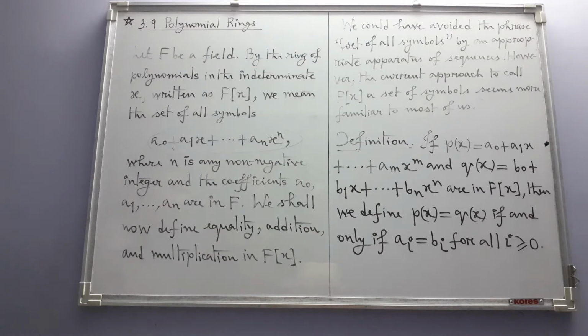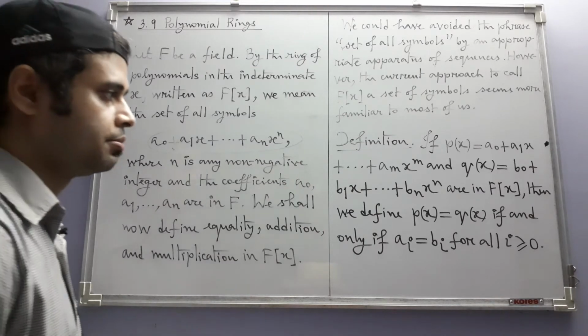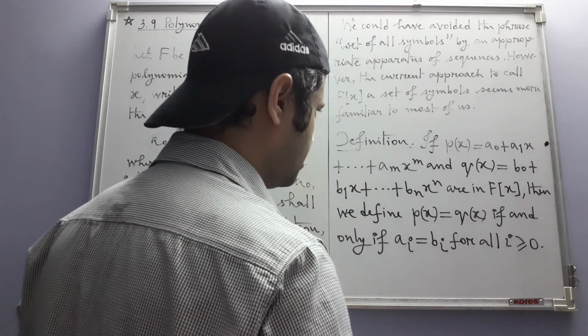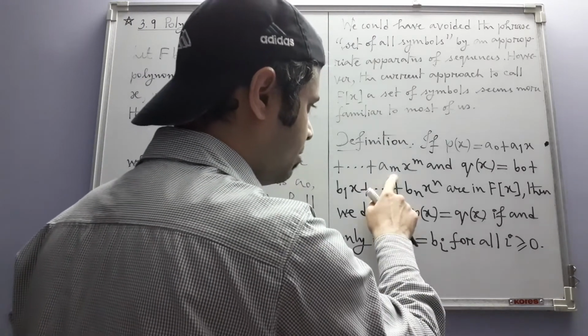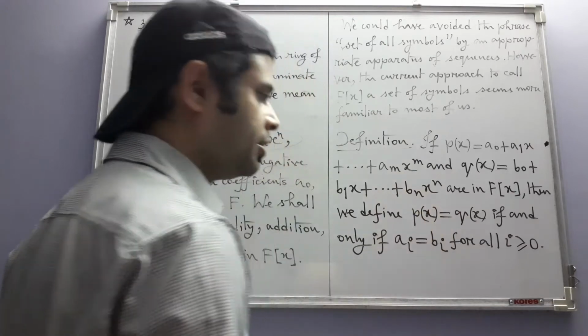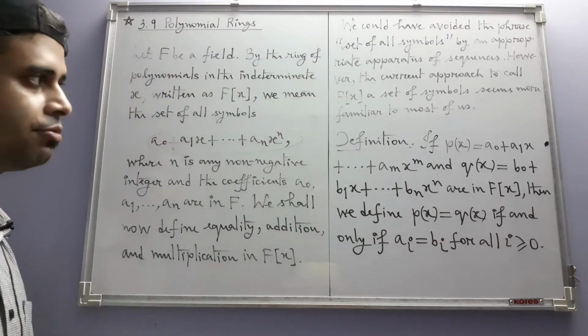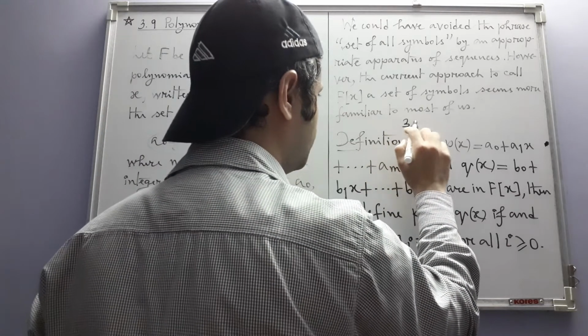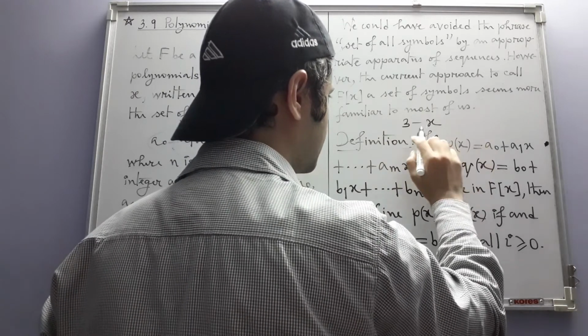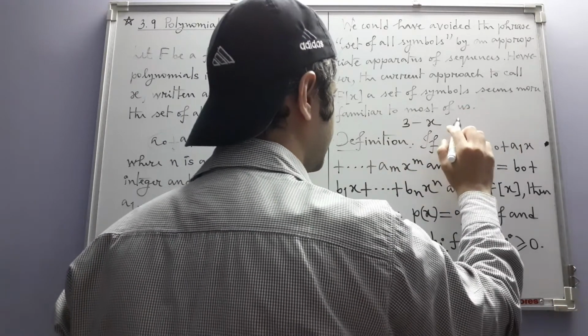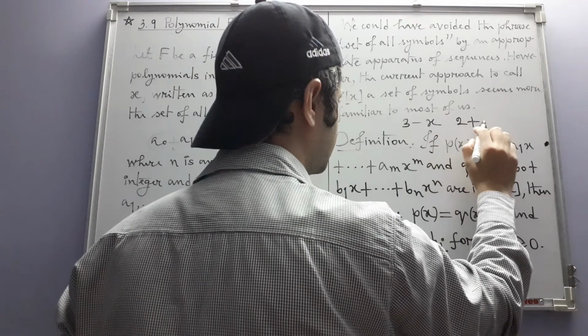Now at this point I should perhaps mention one more thing. Note that this m and n need not be equal. In fact, the two polynomials that we saw previously, 3 minus x, and say let us take another one, 2 plus x square.